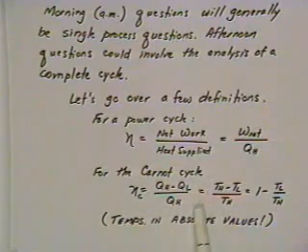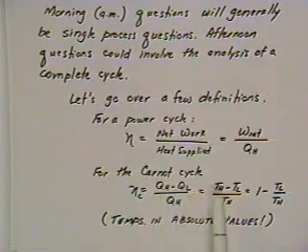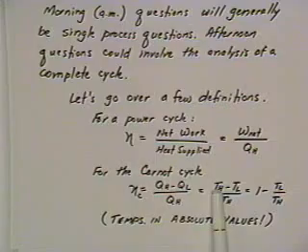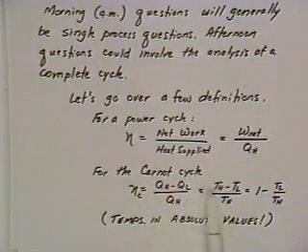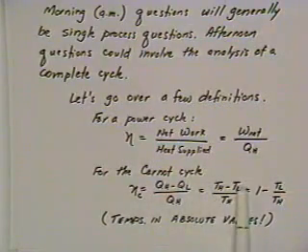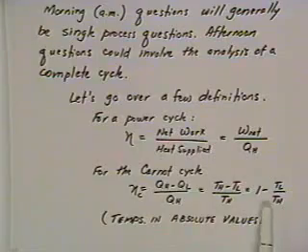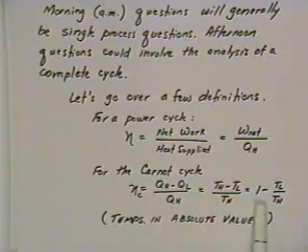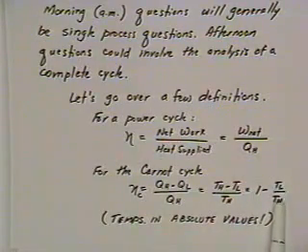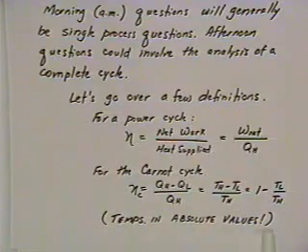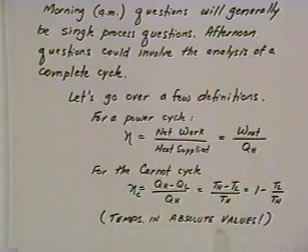If we're talking about the Carnot cycle, we can relate the heat to the absolute temperatures. So QH minus QL becomes TH minus TL, and QH becomes TH, and so the efficiency of the Carnot cycle is 1 minus TL over TH. Again, reminder, temperatures have to be in absolute values.